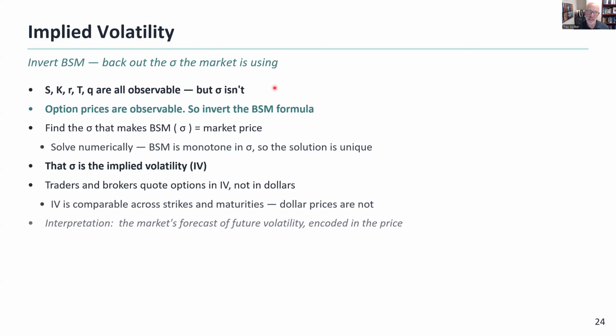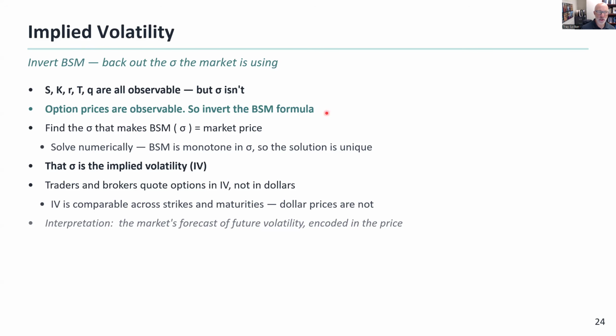So what we do instead, since option prices themselves are observable, right? The call premium and the put premium, and all these other variables are observable. All we do is invert the Black-Scholes-Merton formula and infer what those prices say about the implied volatility.